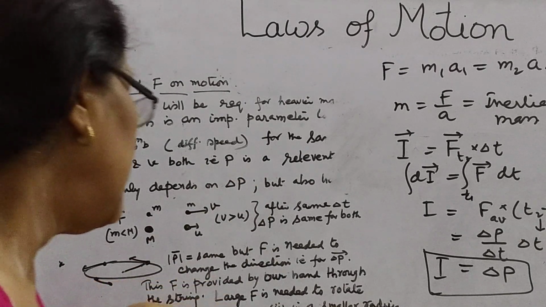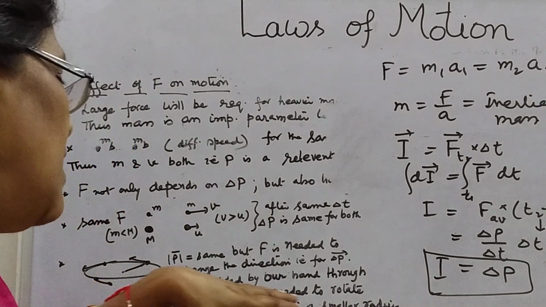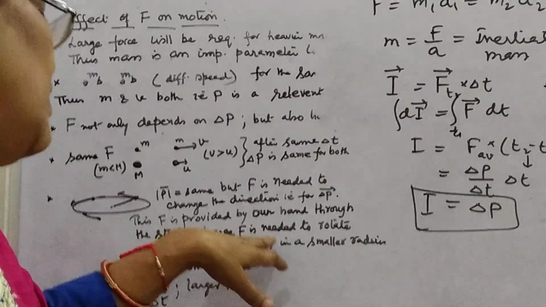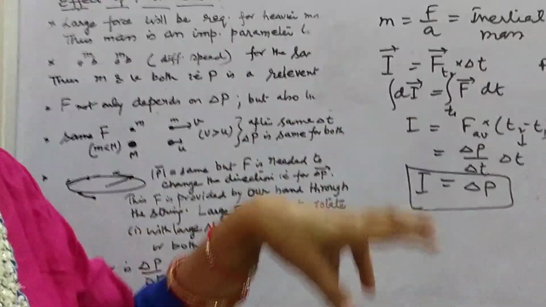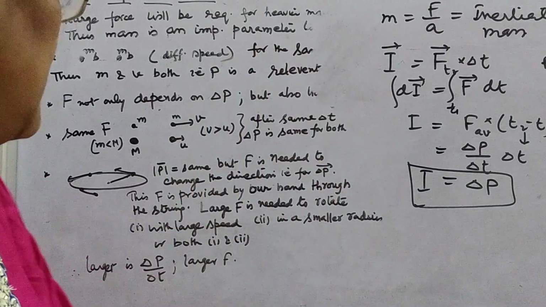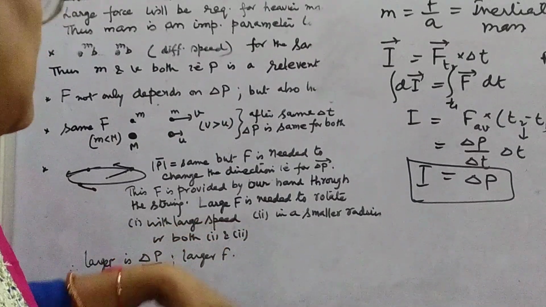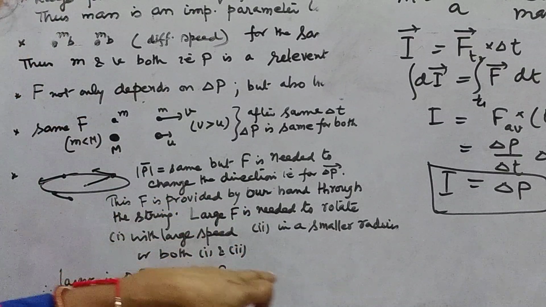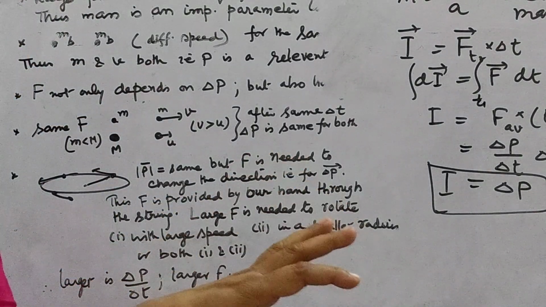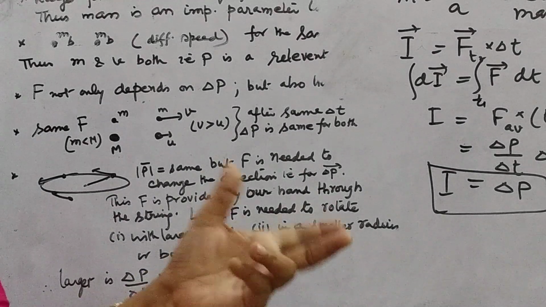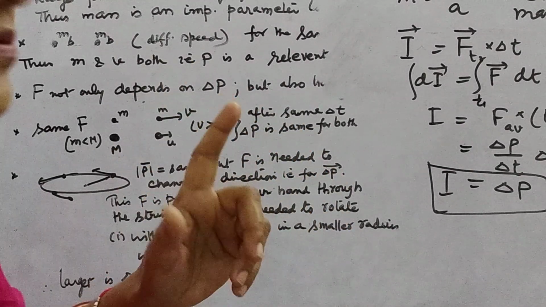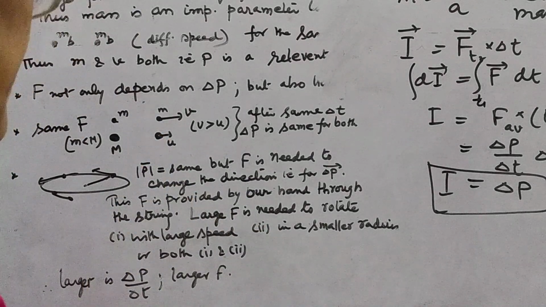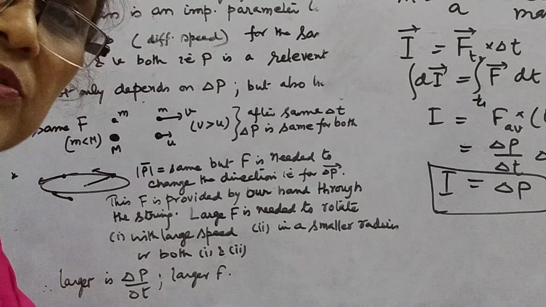The centripetal force is provided by our hand through the string, and a larger force is needed to rotate the object in a smaller radius, with larger speed, or both. We have seen F equal to mv square by r for centripetal force. So the larger the rate of change of momentum, the larger the force.